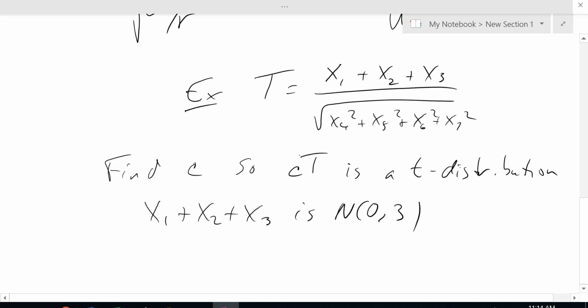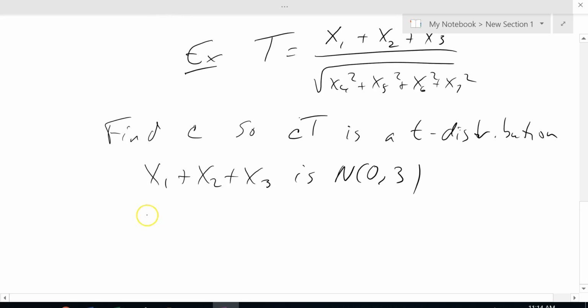It's square root of 3, right? Because remember that when we standardize, we take the variable minus the mean and divide by the standard deviation, not the variance. So I need to take x1 plus x2 plus x3 and divide by square root of 3, and that is normal 0, 1.